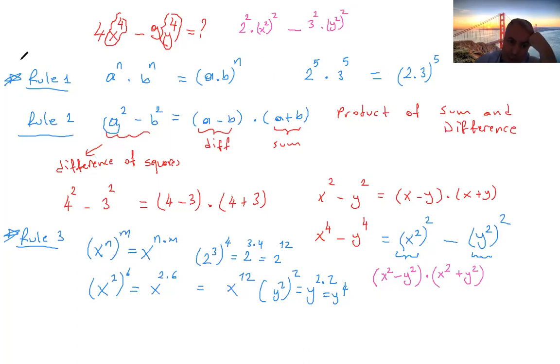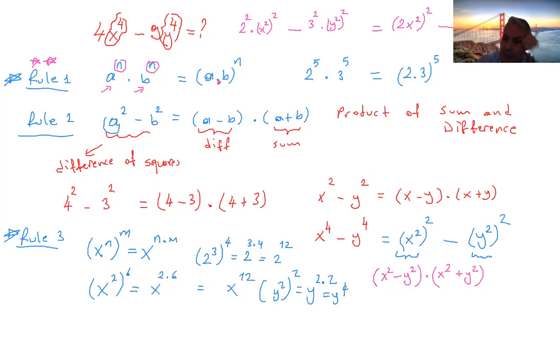Now, when I use rule number 1, what is that? Common powers, different bases, equals product of the bases to the power of common. So 2 and 2 are common, but the bases are different: 2x squared and 3y squared.